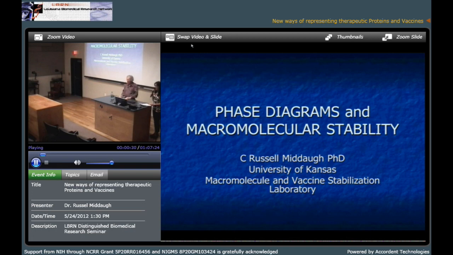Dr. Middaugh got his bachelor's degree at UC Santa Cruz, and then his PhD from Cornell University in 1978. He then did some postdoctoral work in Minnesota and got his first faculty appointment at the University of Wyoming, where he was for about 10 years, before he moved to Merck to develop the gene therapy and protein formulation group there.